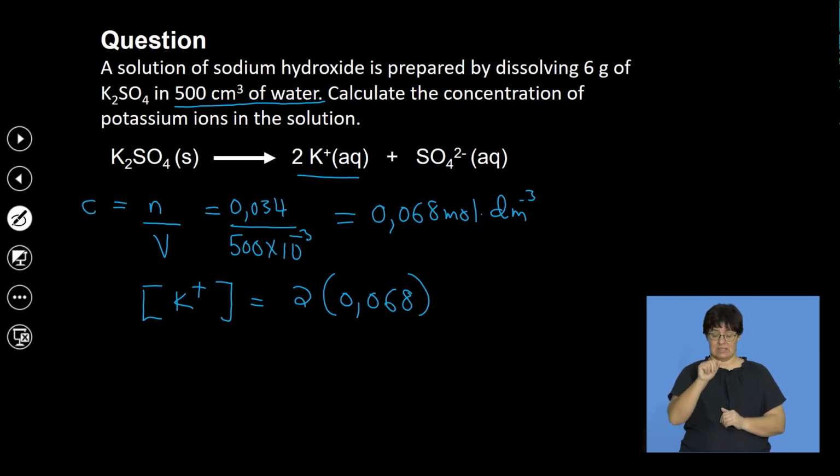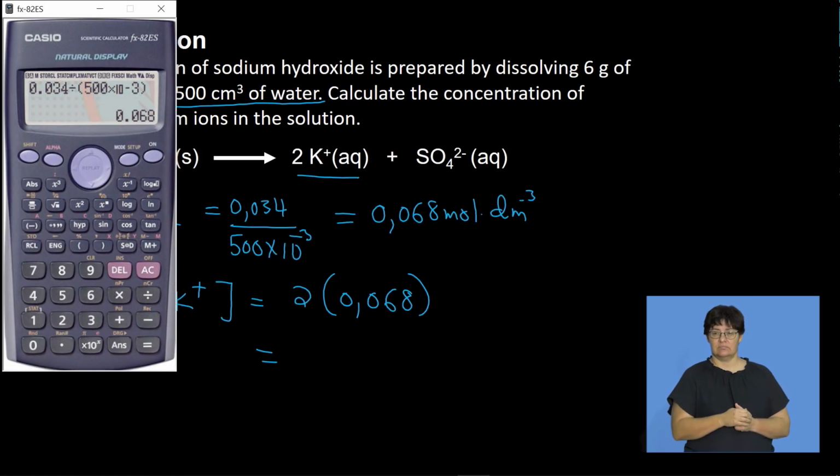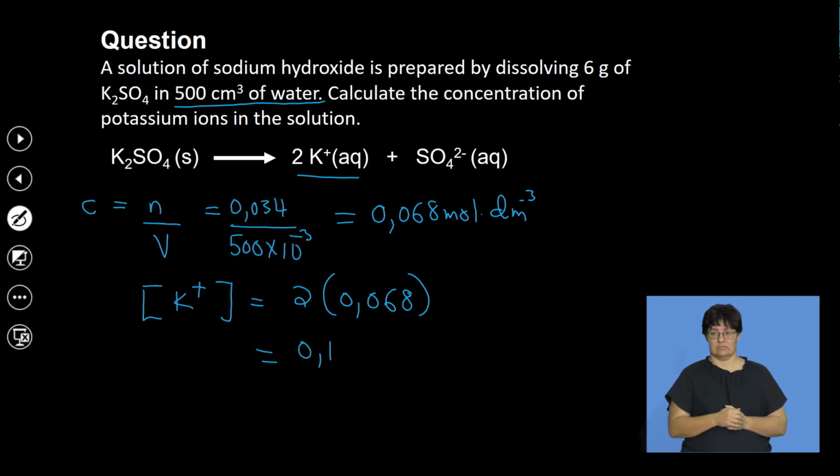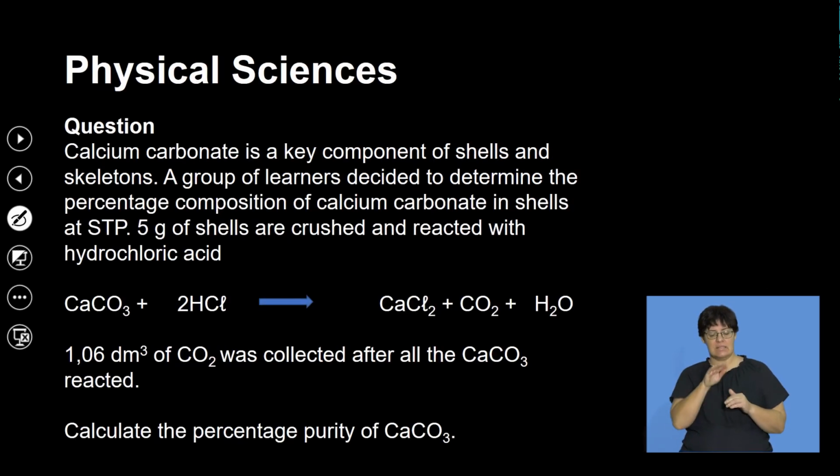If we can quickly calculate that, we double it. Then this gives us, as a decimal fraction, 0.136 mole per cubic decimeter. So that's as far as the question is concerned. Also, you may think of this as a multi-step type of problem.